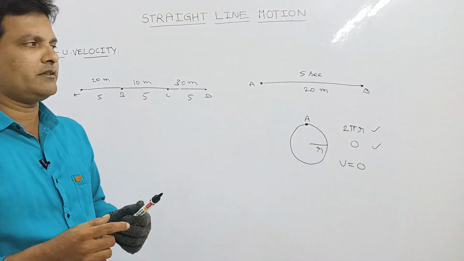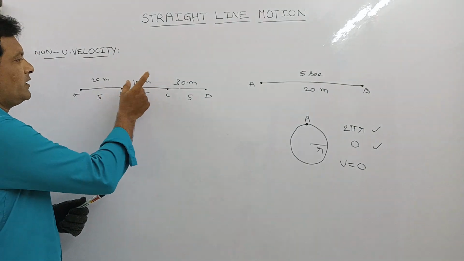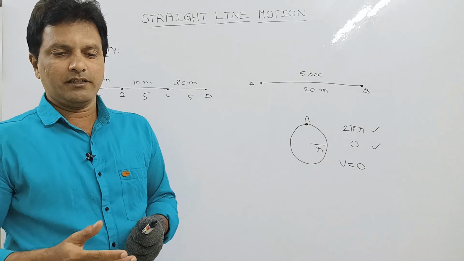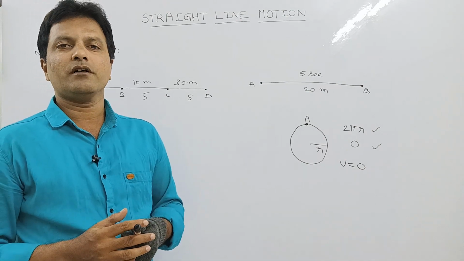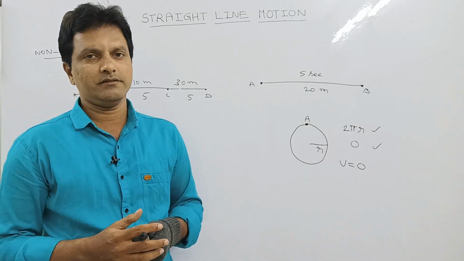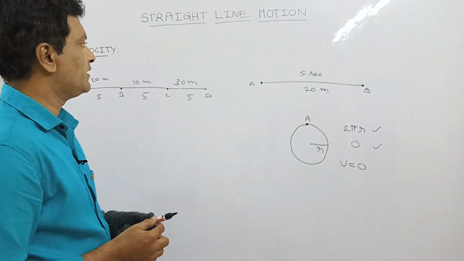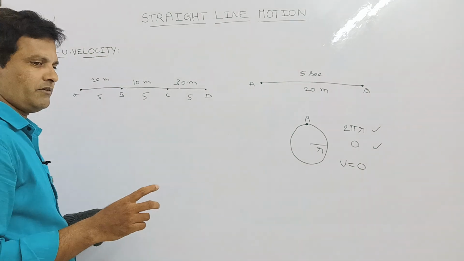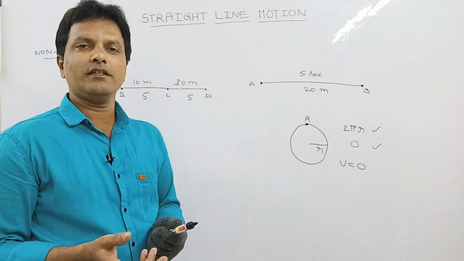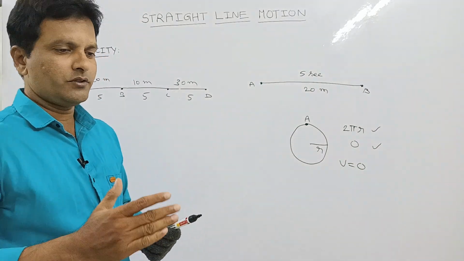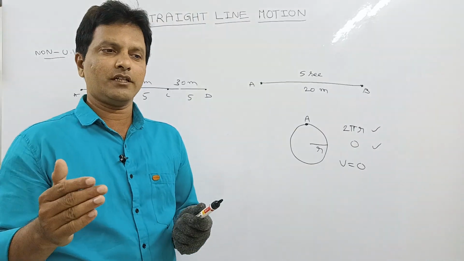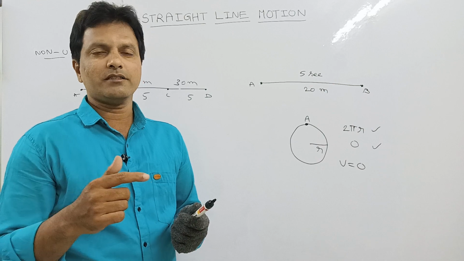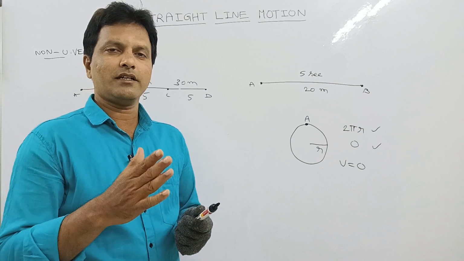Why is the displacement changing? It may be because of a change in magnitude or in direction. So if the magnitude or direction of displacement is changing, then the velocity will obviously change. See, suppose an object is moving in a curved path, then obviously the displacement will change, compared to when it is moving in a straight line.